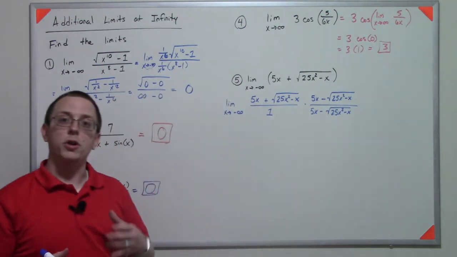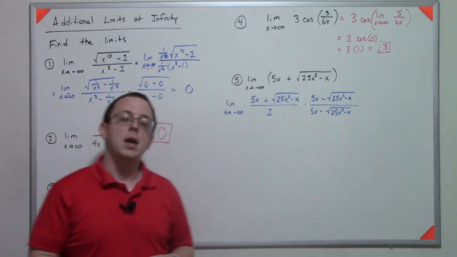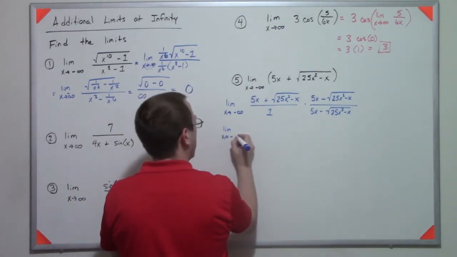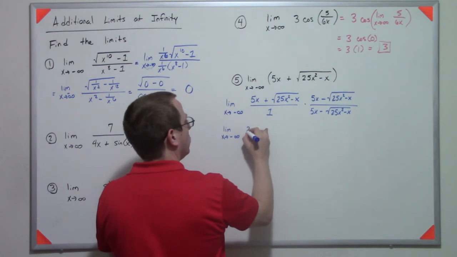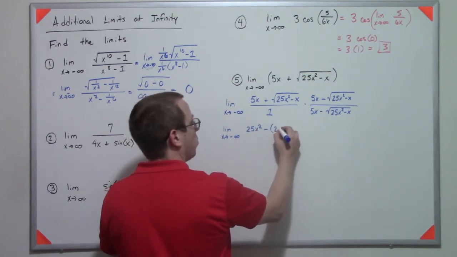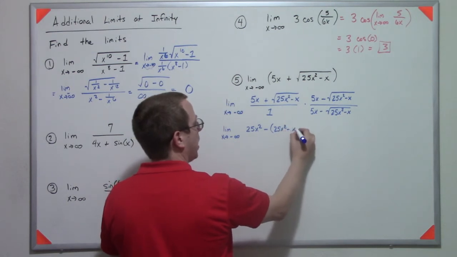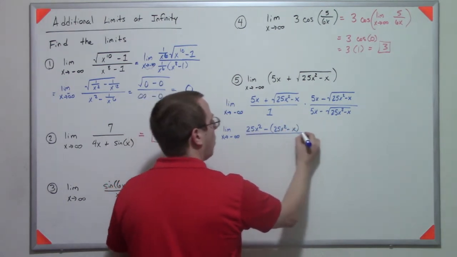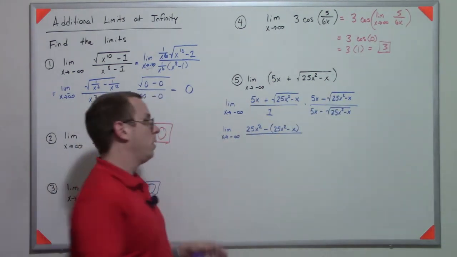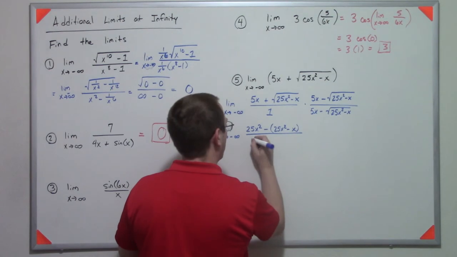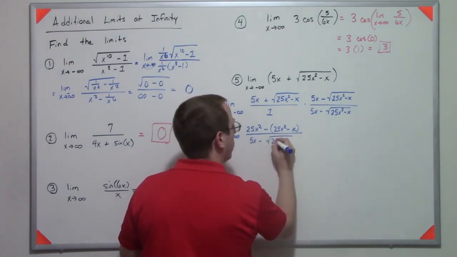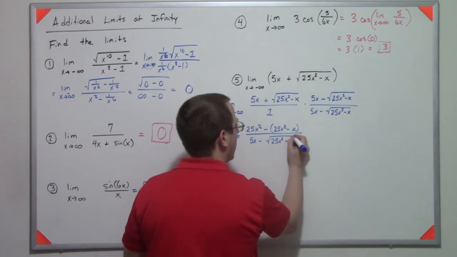And so what we're going to do is leave the bottom alone, and on top, the limit as x approaches negative infinity of 25x squared minus 25x squared minus x, because that's going to be a squared minus b squared, all over 5x minus the square root of 25x squared minus x.